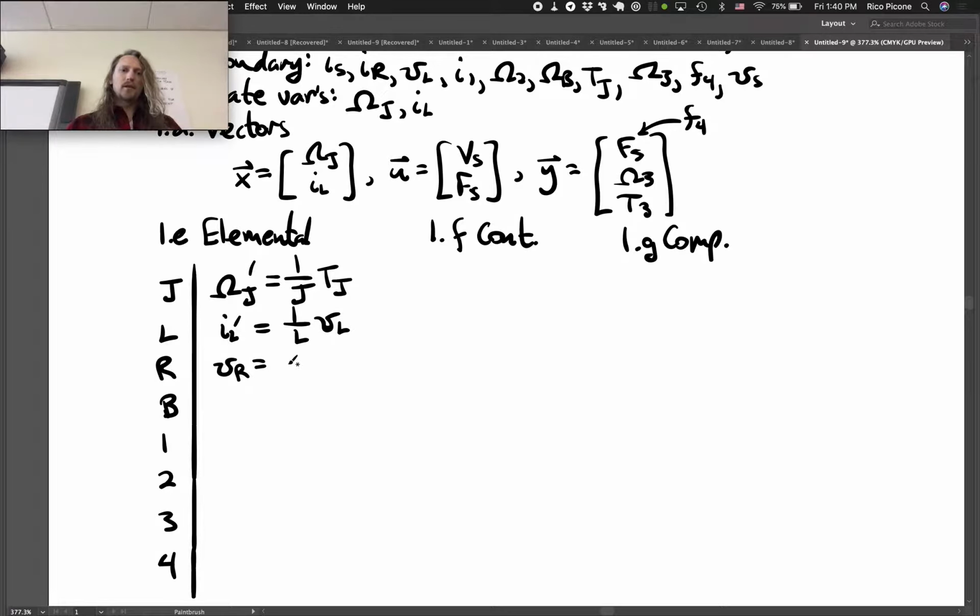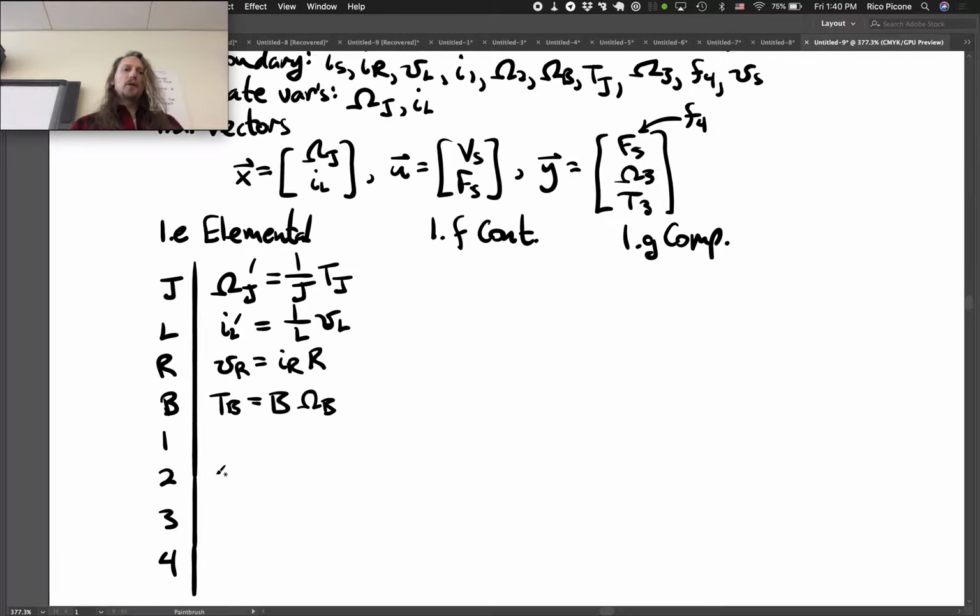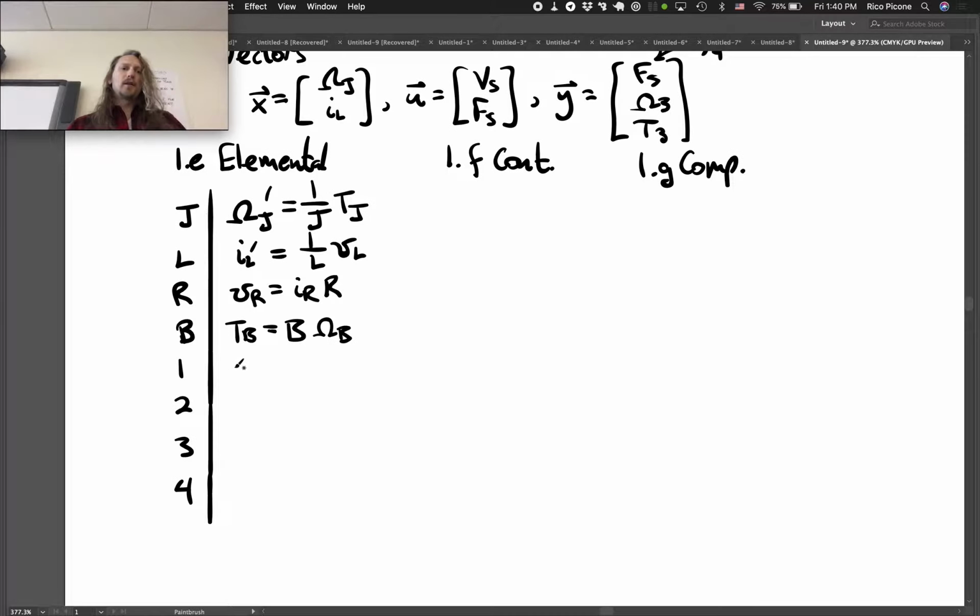VR equals IR times R. This is a rotational damping, so TB equals B times omega B. Now, the 1 and 2 equations are the motor, right? The motor equations: the across variable, omega 2 equals 1 over Km times V1, where Km is the transformer ratio for the motor.